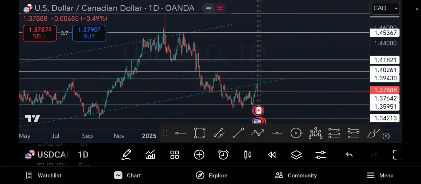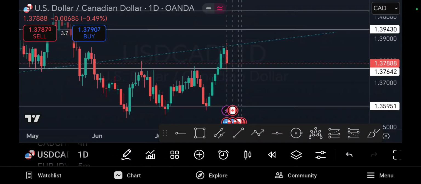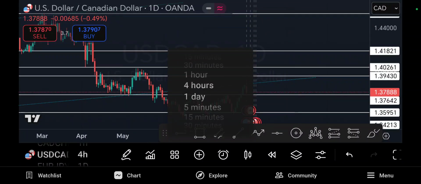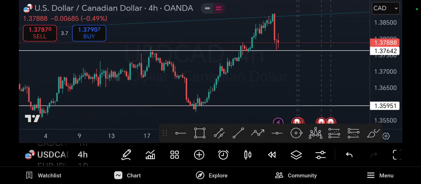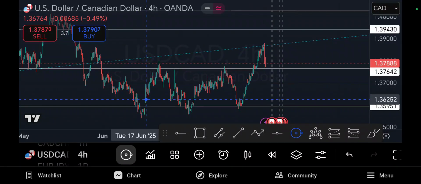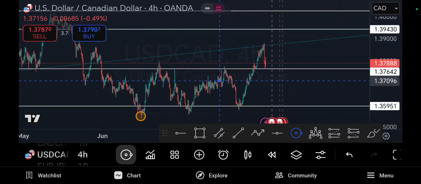Because if you go in closer here, I'll be anticipating sales. But the buyers are also there because of why? Triple bottom is there. Valid, very valid.